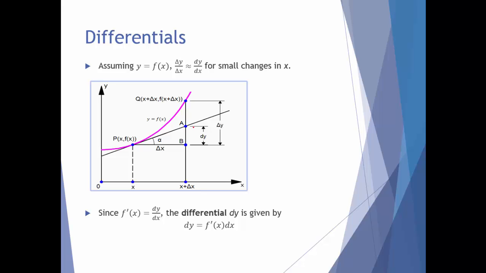They approximate each other. So when we talk about f prime of x equals dy/dx, the differential dx is also a differential, but mostly we'll be talking about dy. The differential dy is literally given by f prime of x times dx. Because dy/dx describes a rate of change, it can be broken down into the ratio of two differentials, meaning dy and dx can be separated from each other.